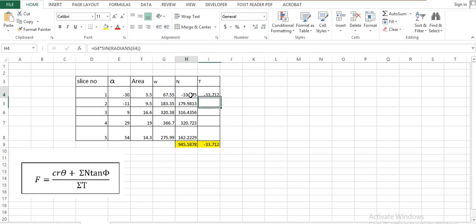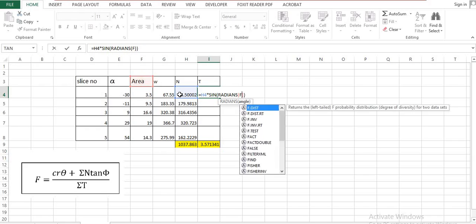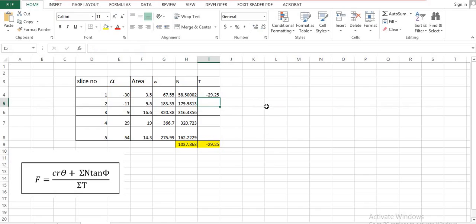Now, you can see the first two values are negative, then we have positive, and this is the summation of sigma t.